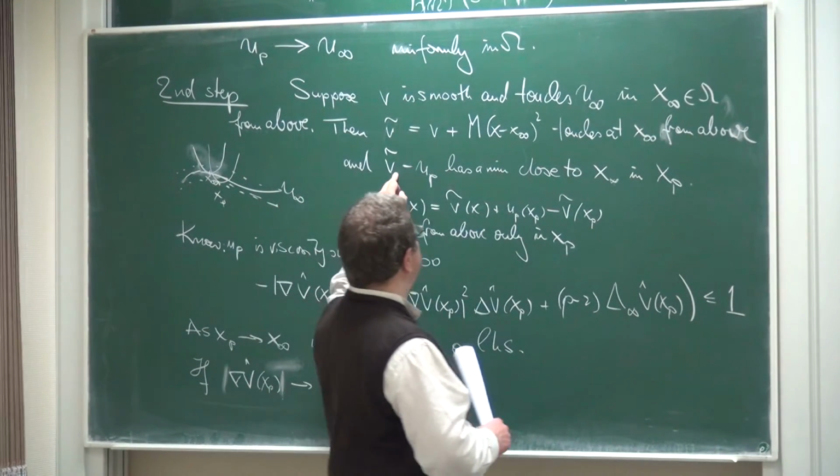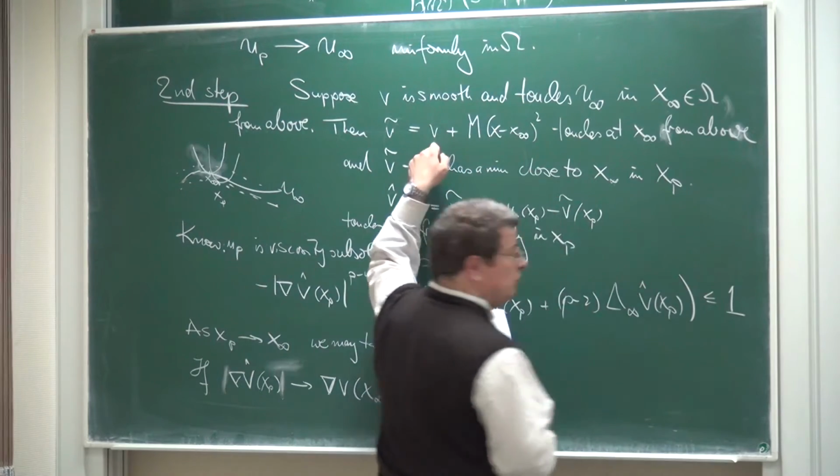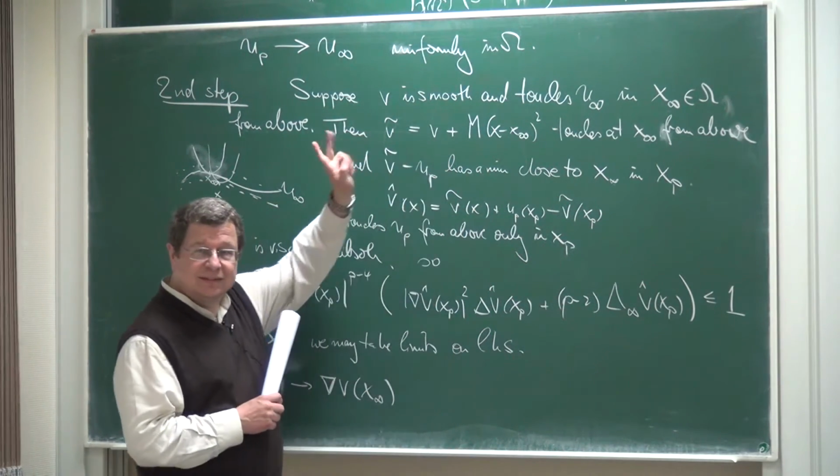And the gradient of v tilde in x_p, when x_p tends to x_infinity, tends to the gradient of v.